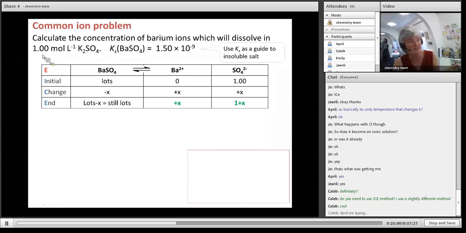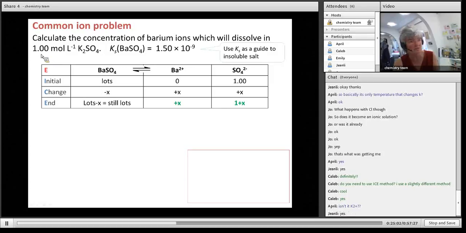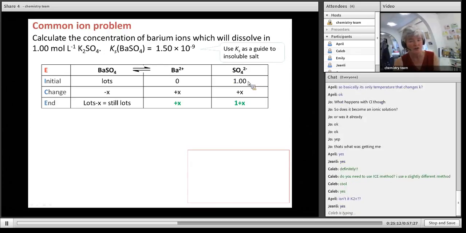So can you see that my initial concentration of potassium sulfate was 1? So it's 1 mole per liter. Ideally you should do it in terms of moles and not concentration, but invariably we can get away with using moles per liter unless they give you only, say, half a liter or something like that.